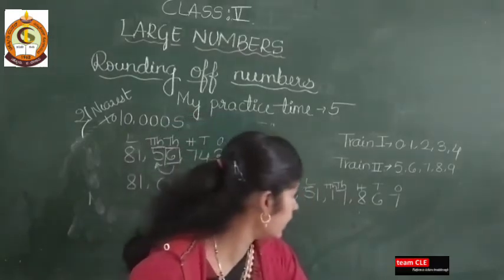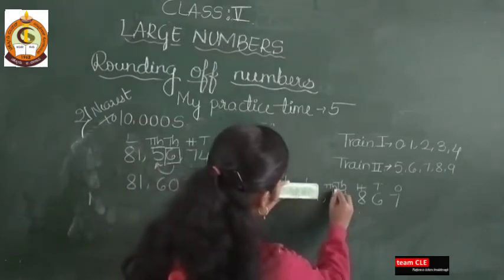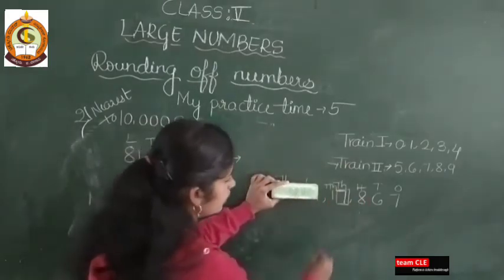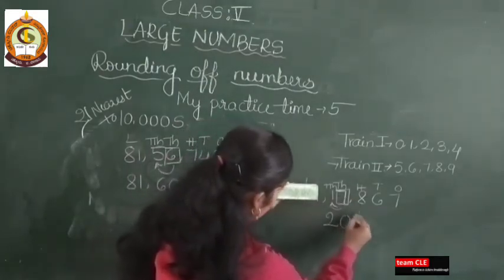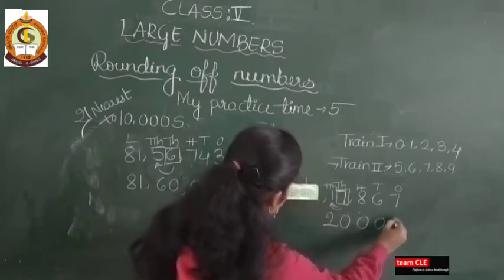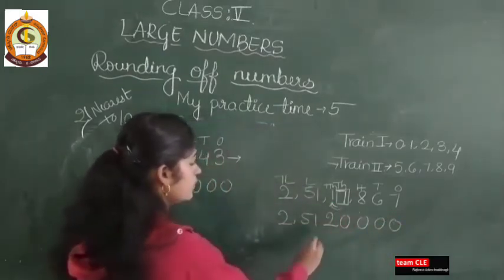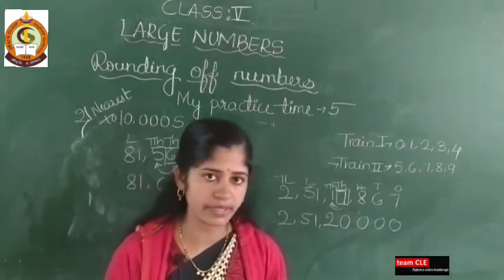Okay, so here 10,000 is there, no? You hide these digits. So what will come in the 1000 place? 7. So 7 will come in tray number 2. Then you add 1 here. So write 2, 0, 0, 0, 0 and the remaining terms stay as they are, 2 lakh, 2 crore. 51 lakh 20,000 will be the answer.